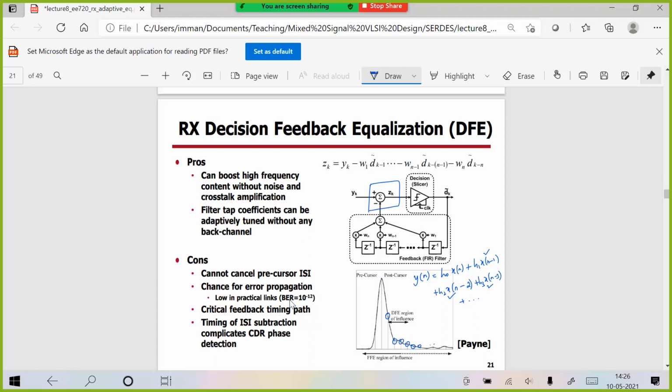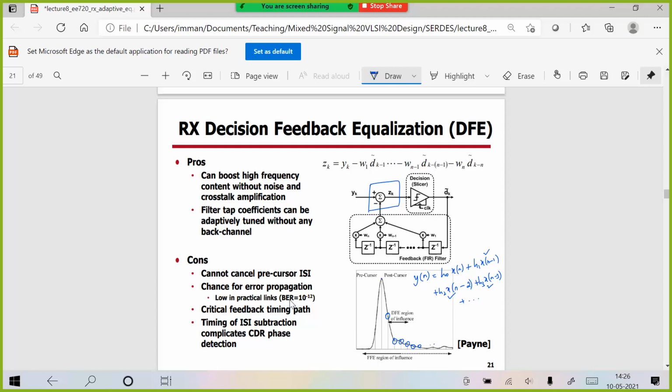Now these can be set by some kind of recursive algorithm. There are very well established DSP algorithms where you can use an LMS or gradient search and so on. There are different ways of implementing adaptive equalization, and back channel meaning you don't need a separate channel to loop back the data.